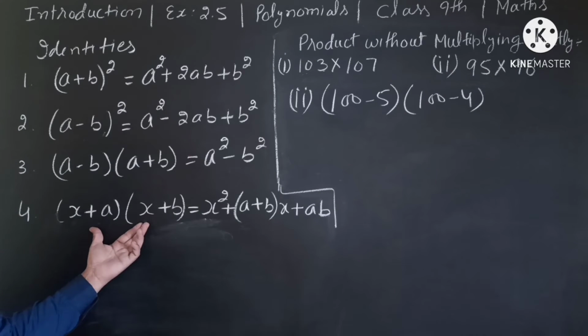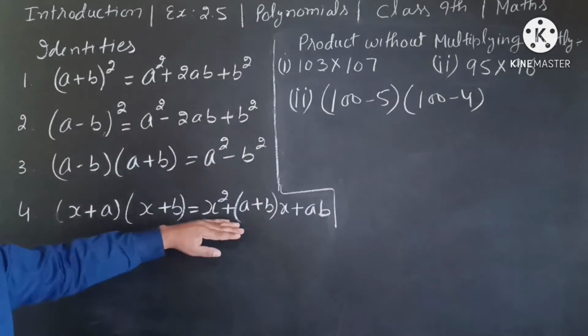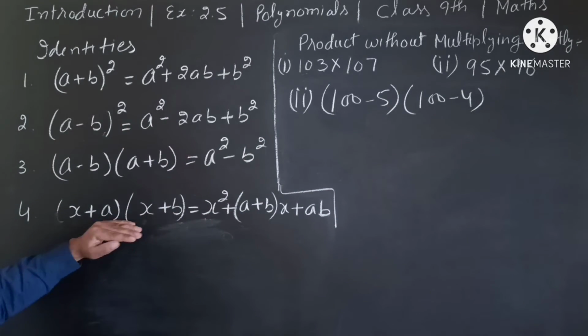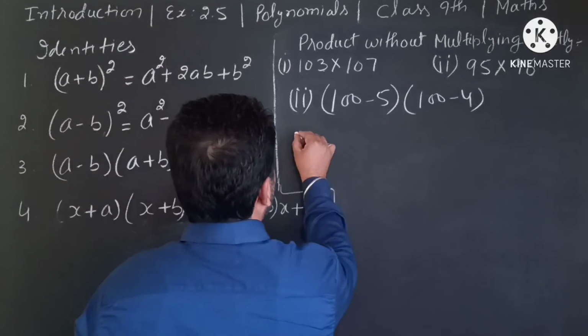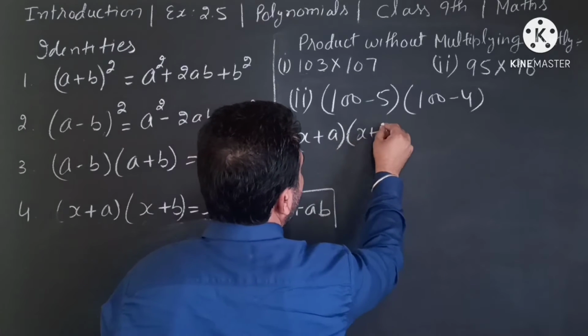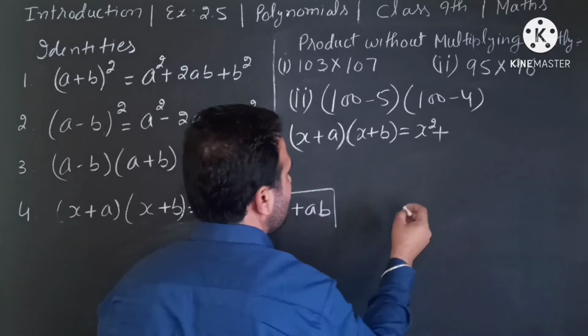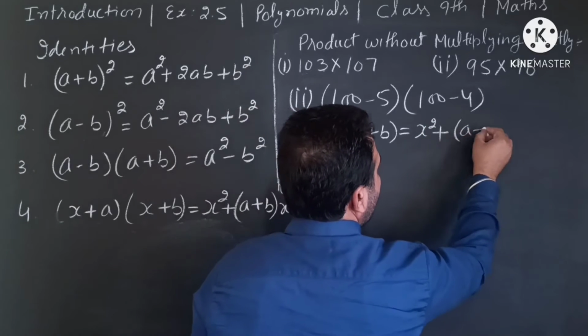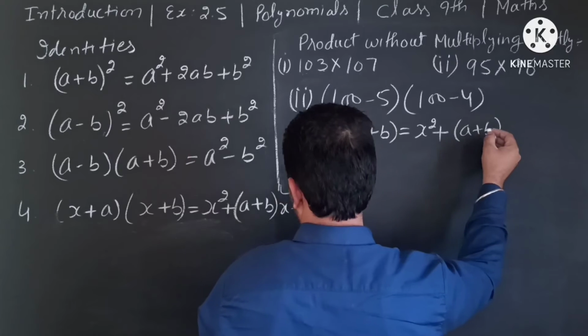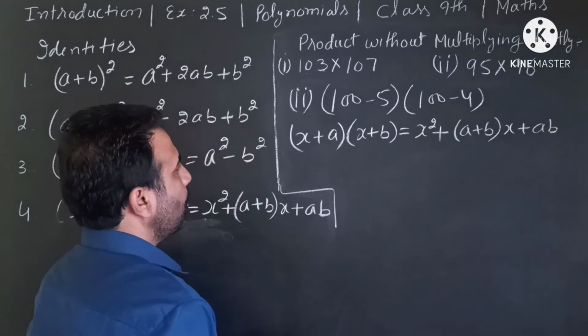Okay, so now we can check the first number is the same. Okay, now we can apply the fourth identity. x plus a multiplied by x plus b equal to x raised to power 2 plus, in a bracket, a plus b multiplied by x plus a multiplied by b. Okay.